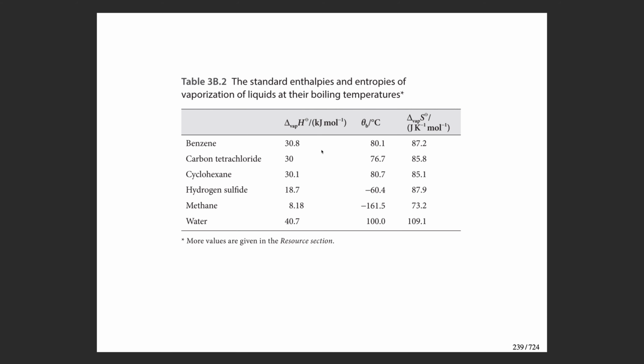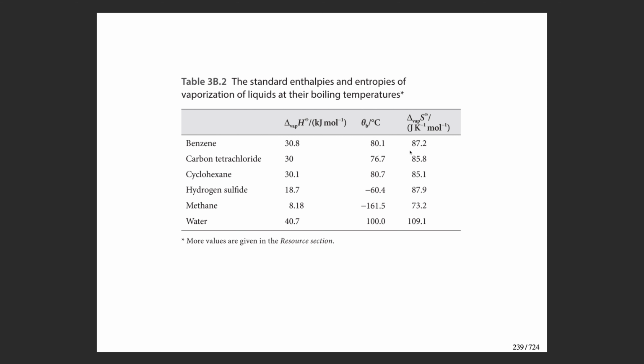This slide shows enthalpies of vaporization for different liquids, the different boiling points, and the entropies of vaporization for these different liquids. Notice that a lot of the liquids have very similar entropies of vaporization, close to about 85 joules per Kelvin per mole.